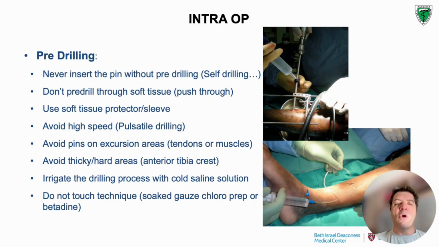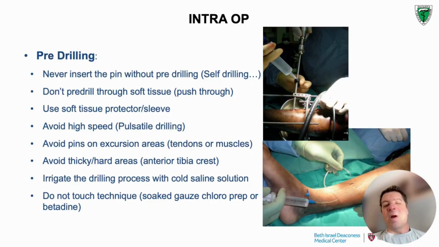I try to put some cold saline solution around the drill bit, to cool down not only the skin but also the bone. I always use the soft tissue protector, the sleeve.